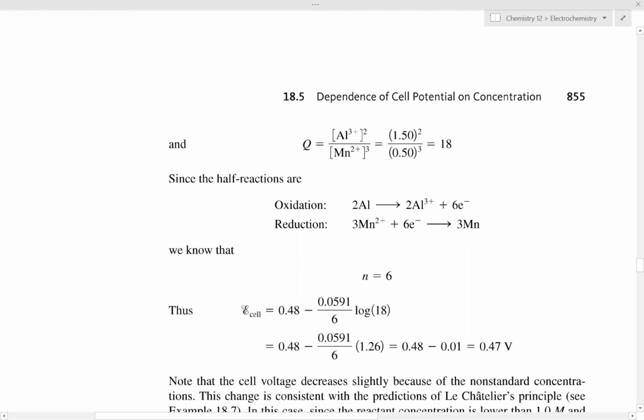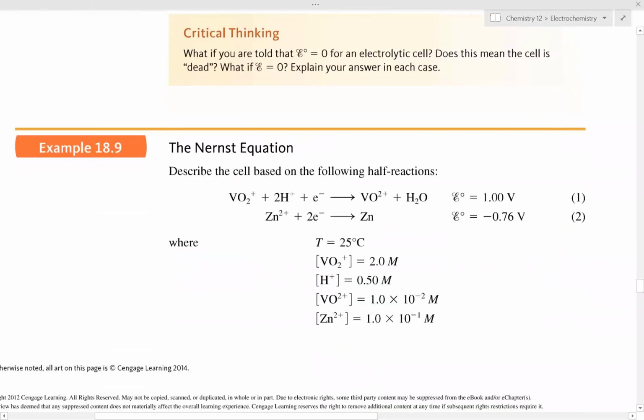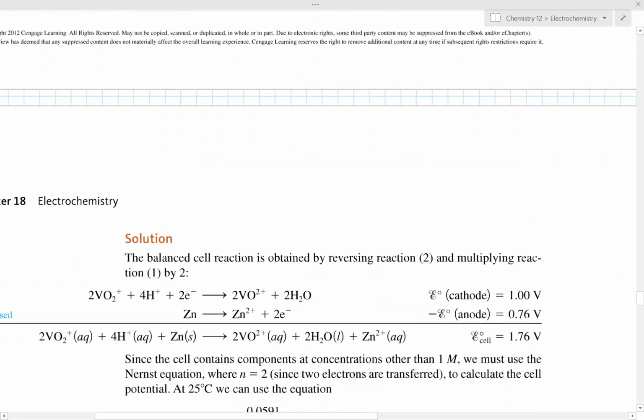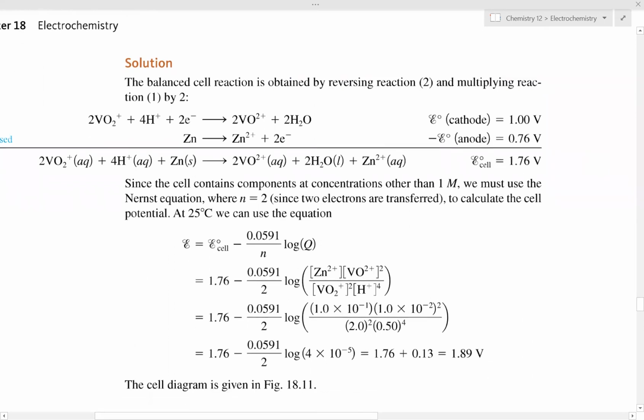This continues from the bottom of 855 to the top of 856, where they give you some examples of how to use the Nernst equation.